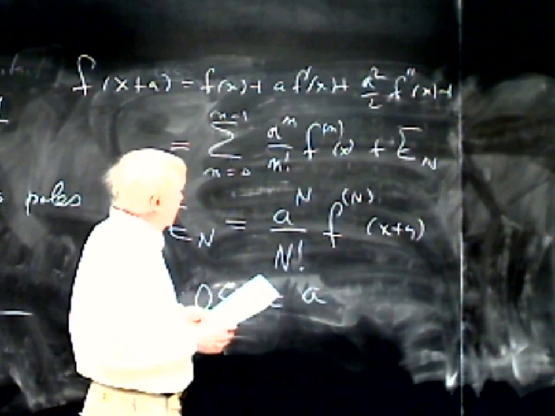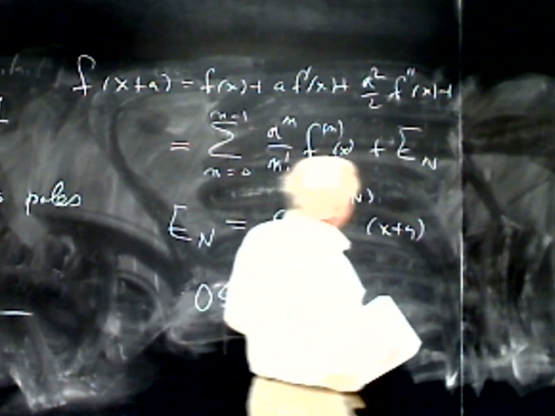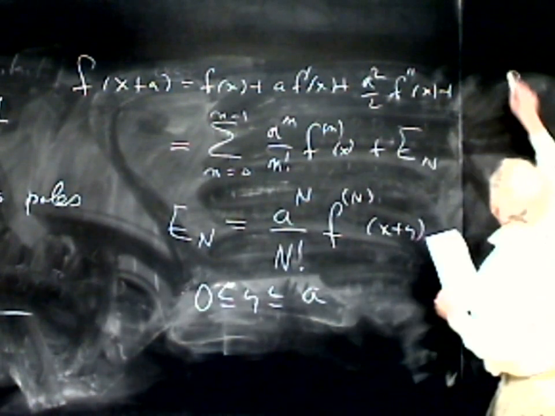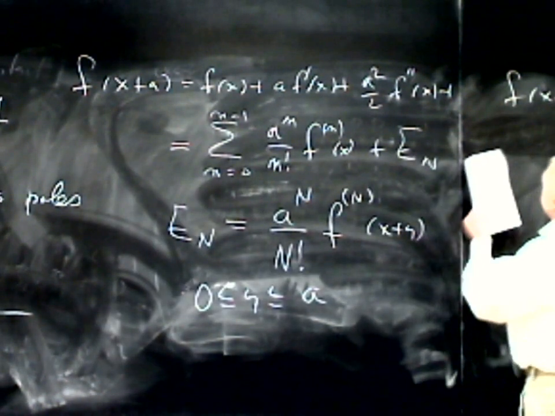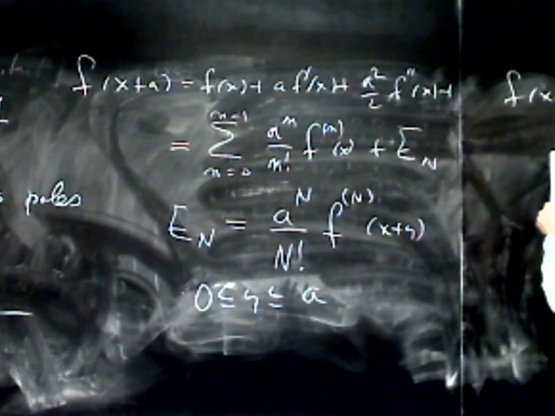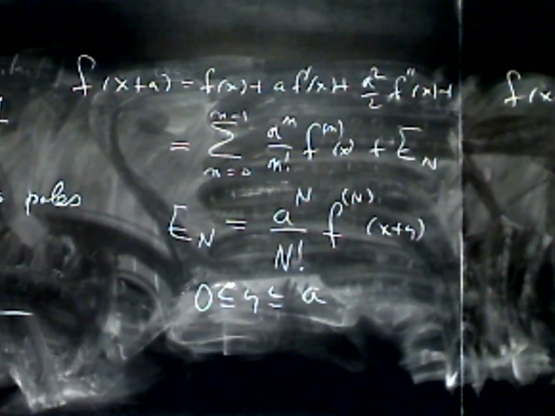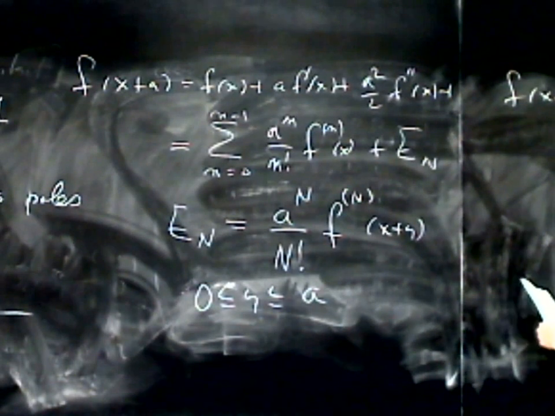Right. Anyway, in that case, if e sub n does go to 0 as n goes to infinity, then we can write f of x plus a as a sum, n equals 0 to infinity, a to the n over n factorial f^(n) of x. And there's a nice expression for this.